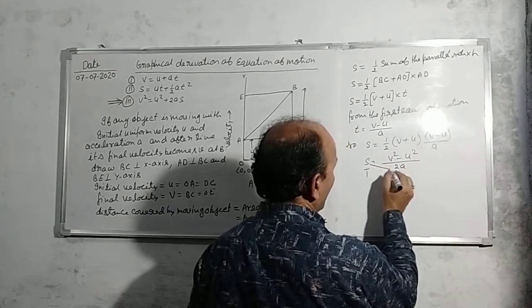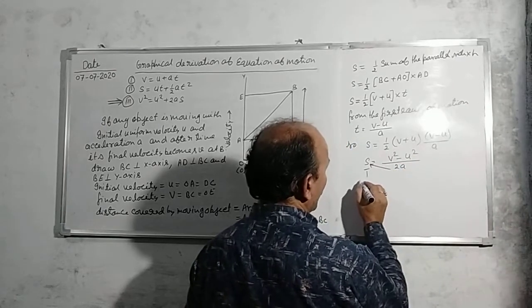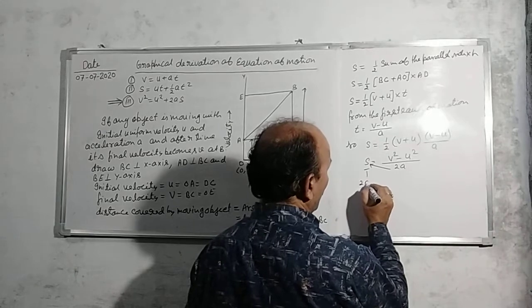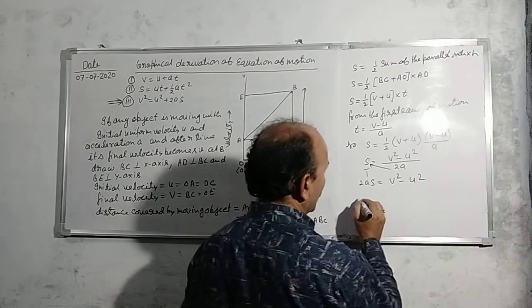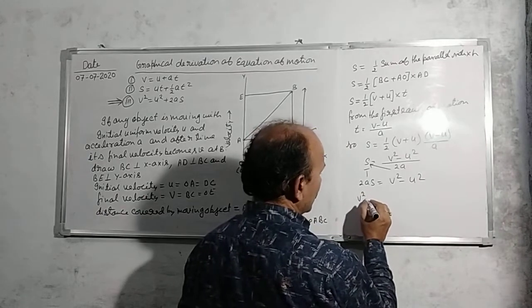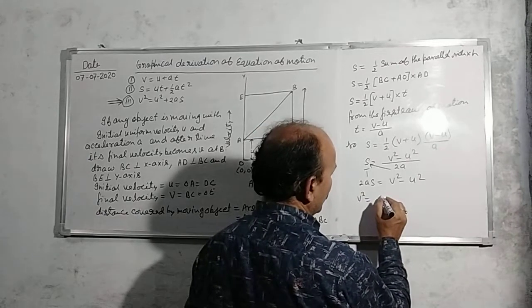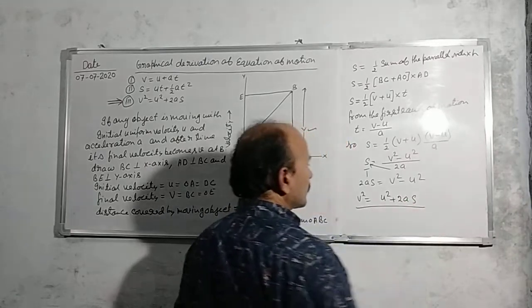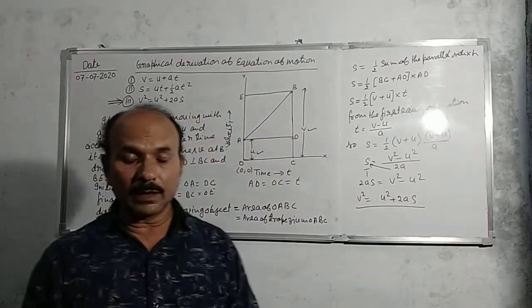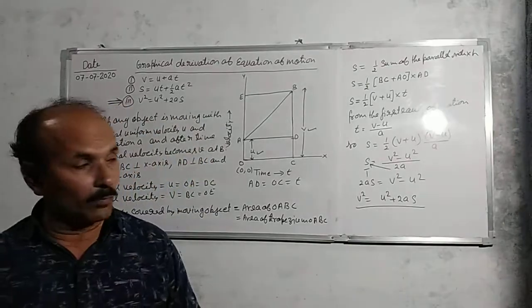Now apply cross multiplication, so 2as is equal to v square minus u square, or you can write this in the form: v square is equal to u square plus 2as.